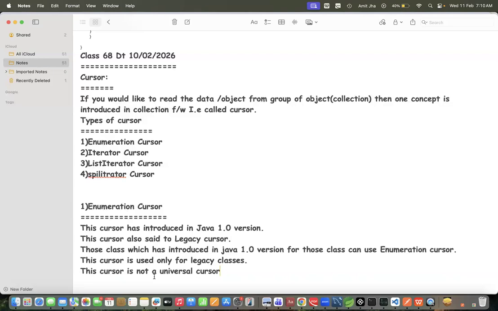But this Enumeration cursor is used only for legacy classes, that's why we can say it is a legacy cursor. I hope you understood.